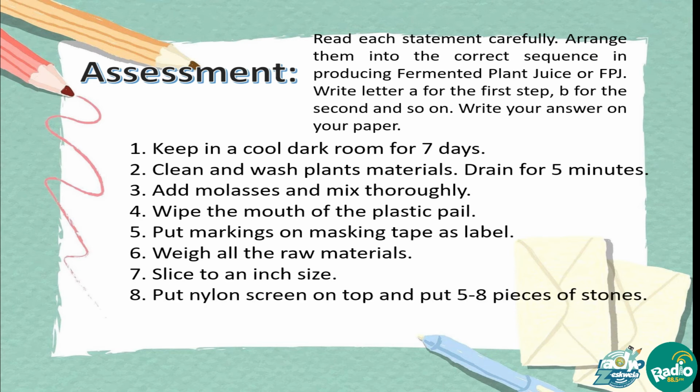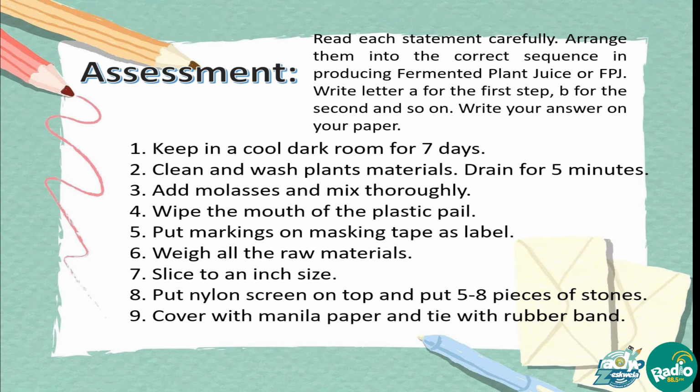Number 8. Put nylon screen on top and put 5 to 8 pieces of stone as sinker. Number 9. Cover with Manila paper and tie with rubber band. And number 10. Collect plant materials.